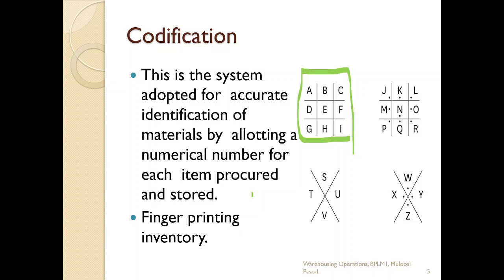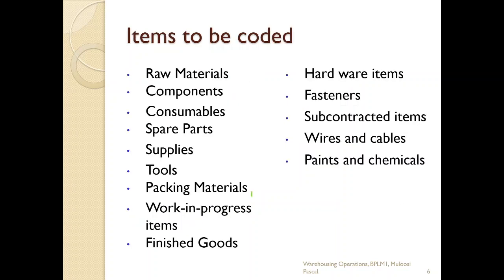It's imperative that every procurement professional has codification in the stores. And what items are we going to code? All items in our stores, ranging from raw materials, components, work in progress, finished goods, whether cables, wires, materials, repair, operations, components, the screws, all have to be coded, and each has an identification number.